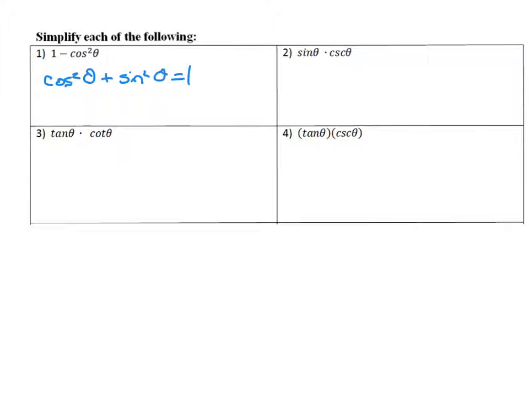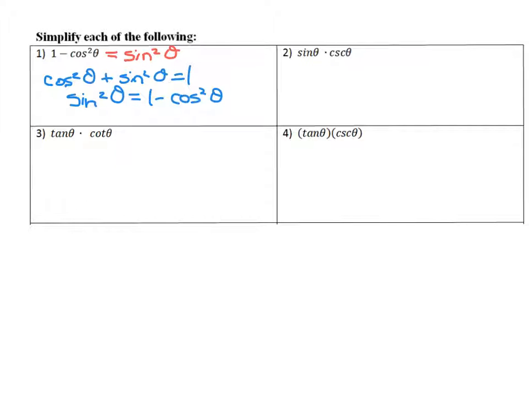So if I subtract cosine squared from both sides, I get that sine squared of theta is equal to 1 minus cosine squared of theta. So I can replace my original 1 minus cosine squared of theta with what it's equal to. The identity here would be that it's equal to sine squared of theta.